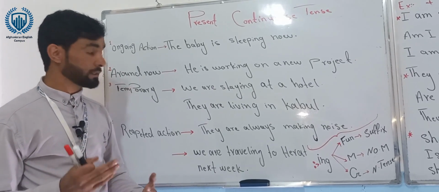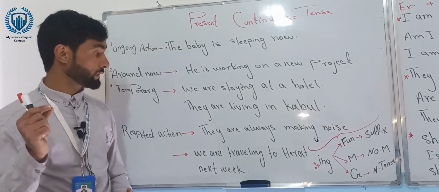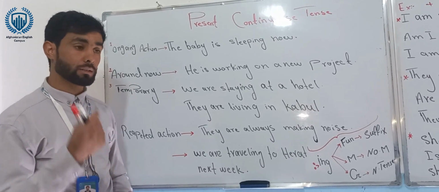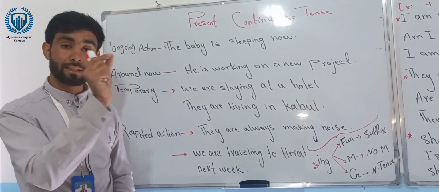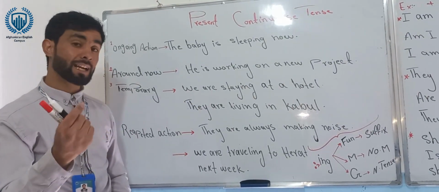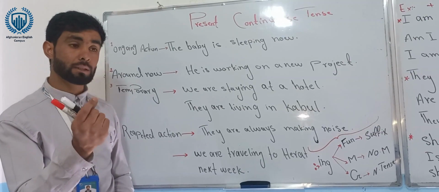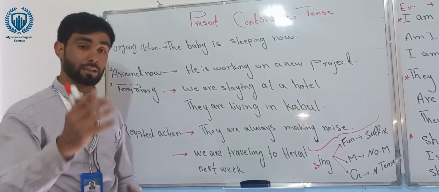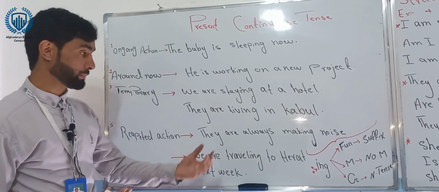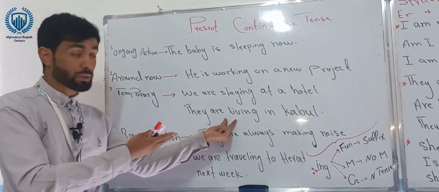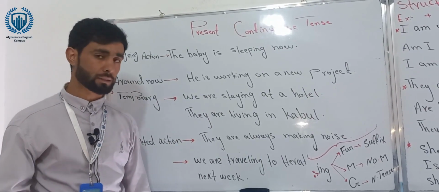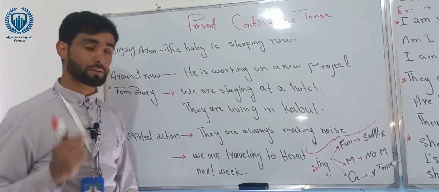But if I say they live in Kabul, here it's a permanent action. It means their house is in Kabul, their family is in Kabul, and they live here forever. It's a permanent action with simple present, but with present continuous, temporary action. So they might live here for a week, 2 weeks, or a month, or a year, but then they leave.